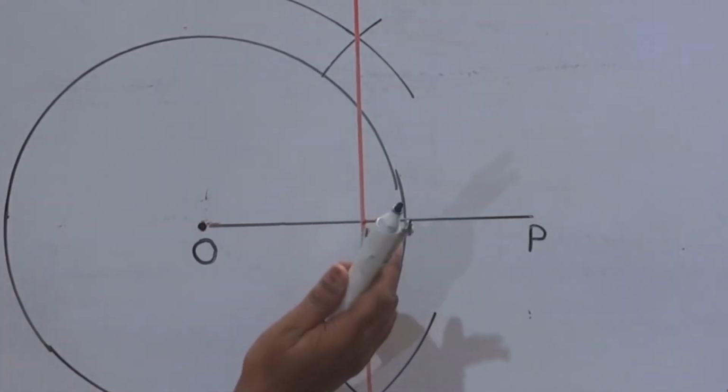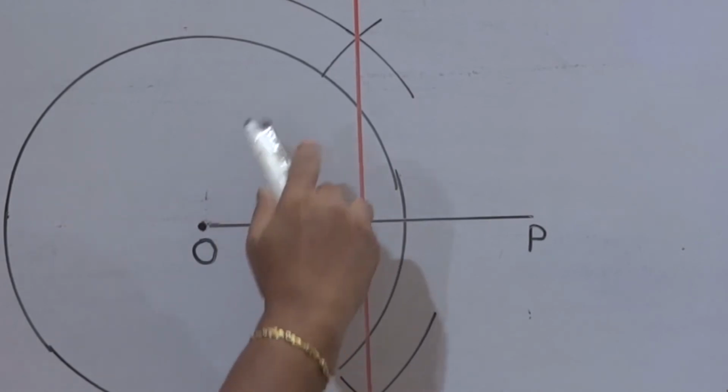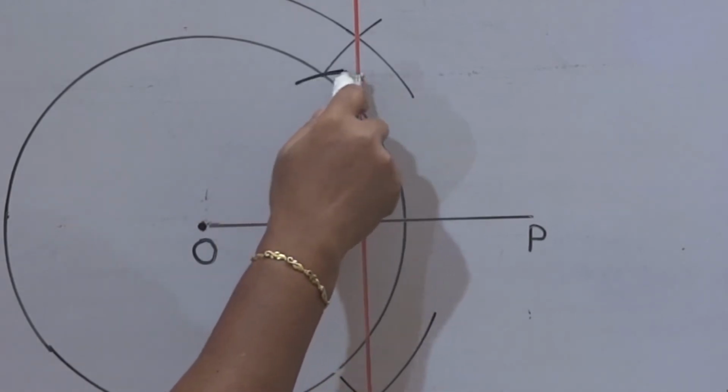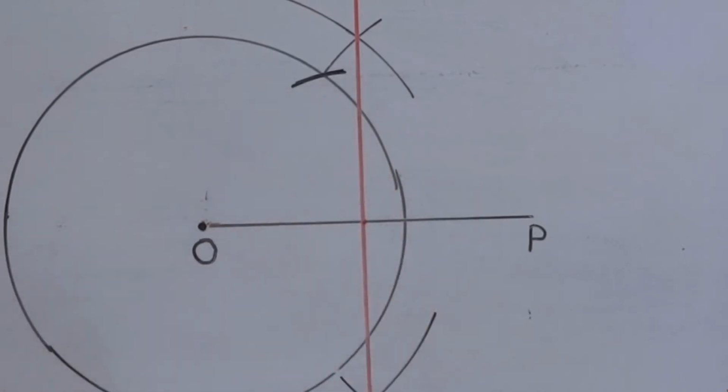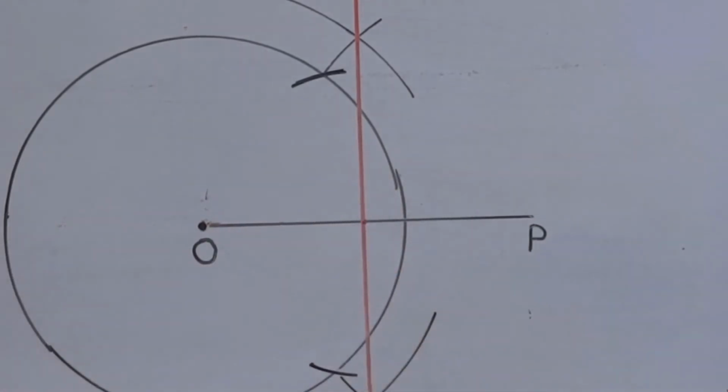Now, keeping the needle at this midpoint, taking this distance, you just mark an arc on the circumference of the circle on both sides. Now you just draw the lines starting from P, passing through these arcs.